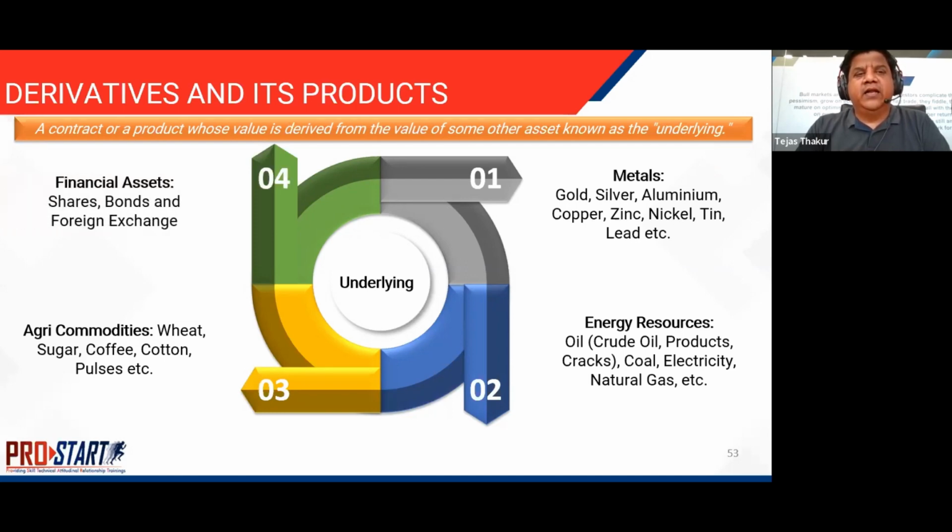And finally, you have financial assets like shares, bonds, foreign exchange, etc. So these could be various underlyings in a derivatives product.